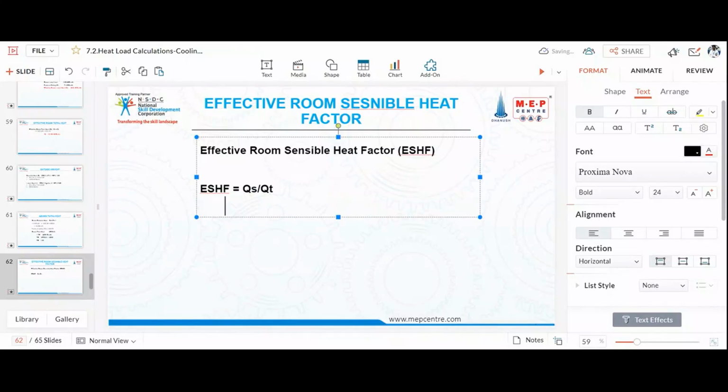How much QS value do we have? Tell me, sir, what is the QS value we have? So 1205. QS, not S. QS, effective room sensible heat.